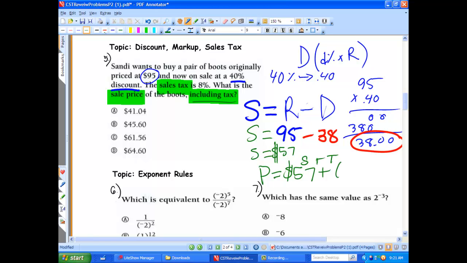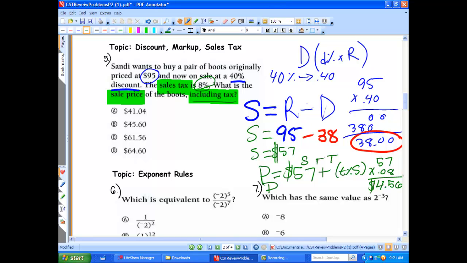And our tax is going to be 8% times our sales price. So if we do a little side work, our sales price was $57 and our tax is 8%. So we're going to write 0.08 and multiply that by 57. And if you do your work, you should get $4.56.